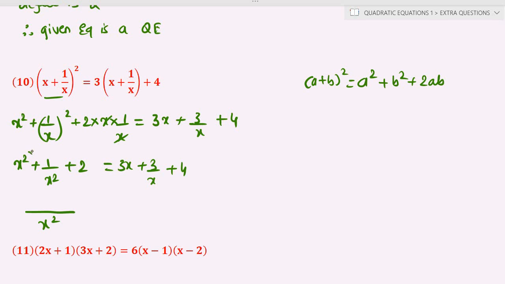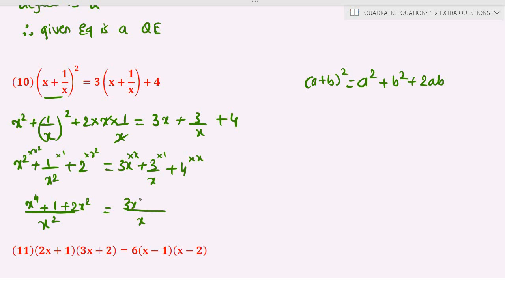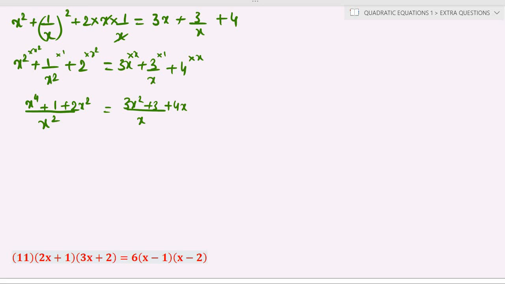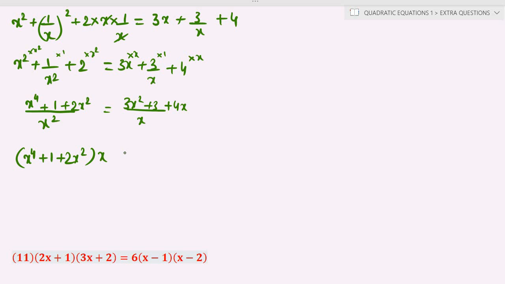x², and here you multiply x² into 1 into x². On the other side, what is the LCM on the left hand side? x. You multiply it with x into 1 into x. What happens here? x² into x² is x⁴, plus 1 plus 2x². Here 3x² + 3 + 4x. Now I am cross multiplying: x⁴ + 1 + 2x² times x is equal to x² into (3x² + 3 + 4x).